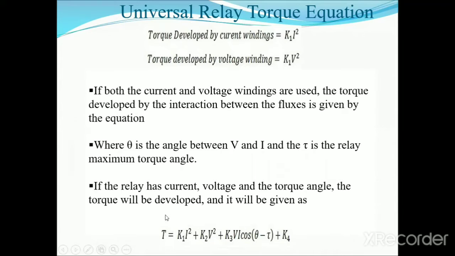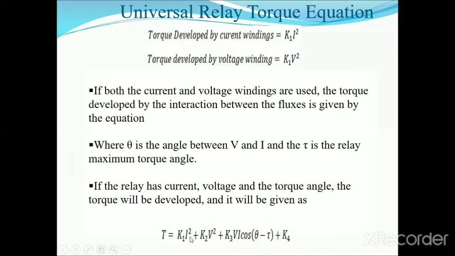This is the universal relay torque equation. In that, the torque T is equal to K1 I square plus K2 V square plus K3 VI cos of theta minus tau, where theta is the angle between the voltage and the current and tau is the relay maximum torque angle.